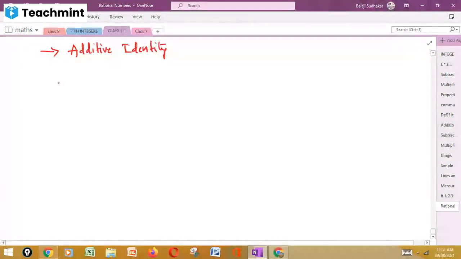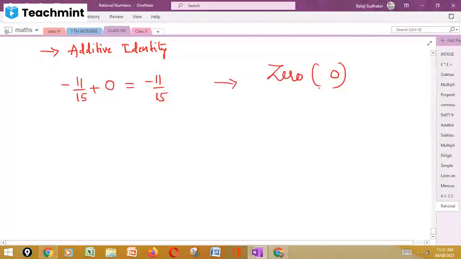Whenever you take any rational number, for example -11 by 15, what do I have to add to it to get the same answer? 0, sir. Very good. Additive identity is 0.